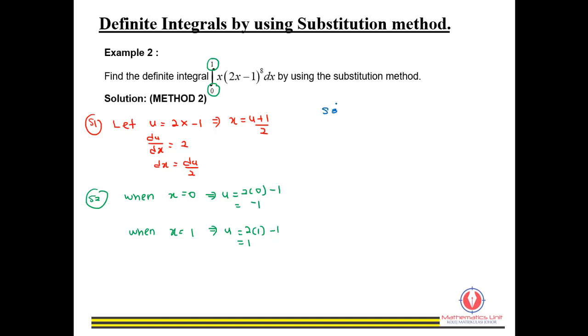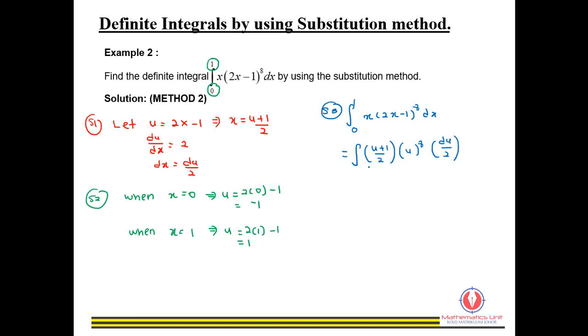And the third step, we write down the question: the integral from 0 to 1 of x times (2x minus 1) to the power of 8 dx is equal to the integration of (u plus 1) over 2 times u to the power of 8, and dx is equal to du over 2.